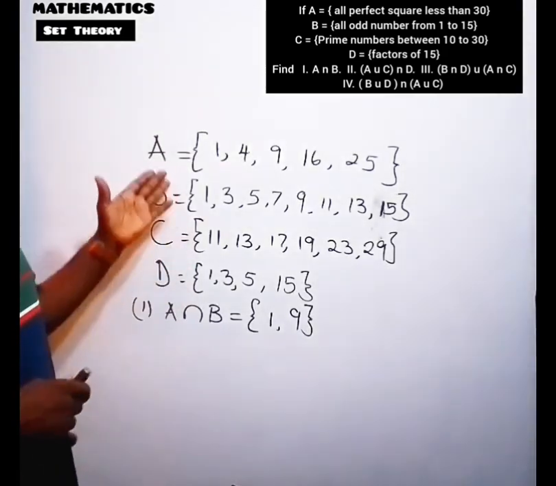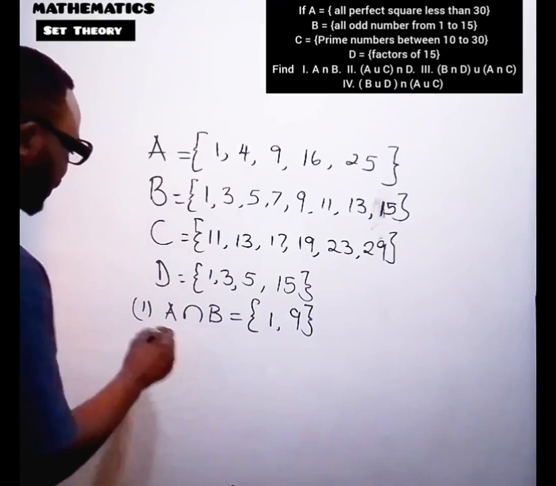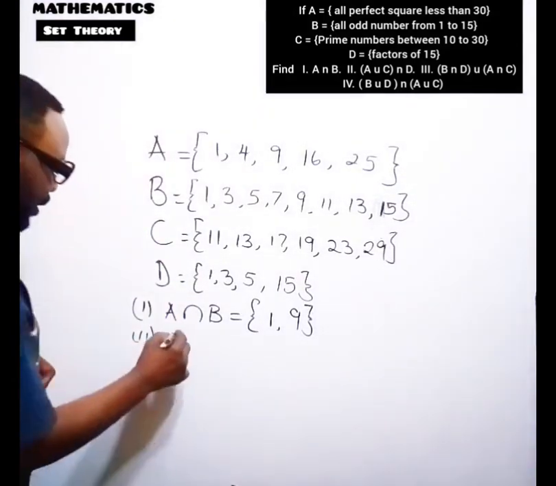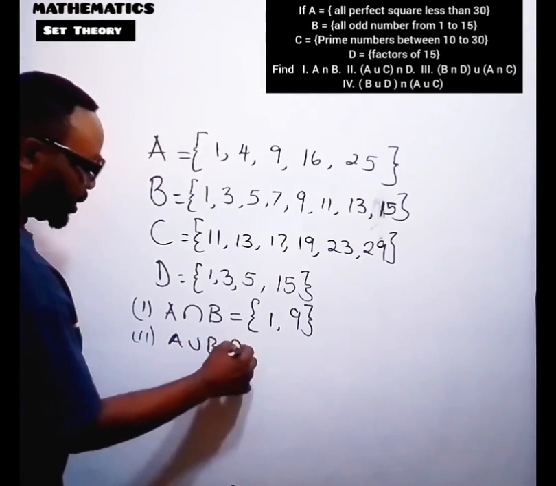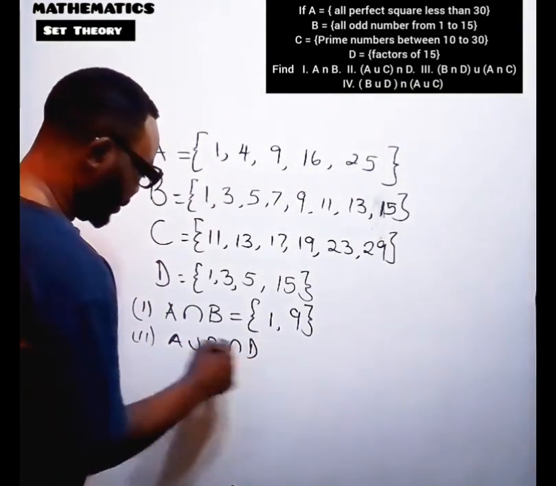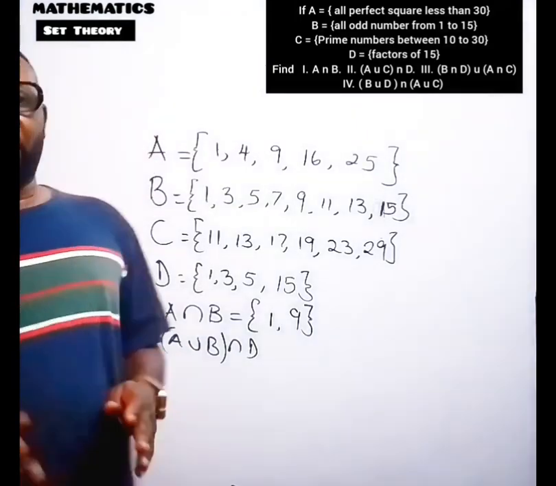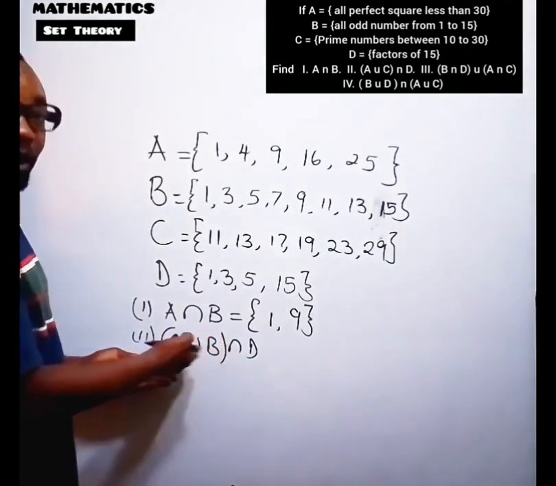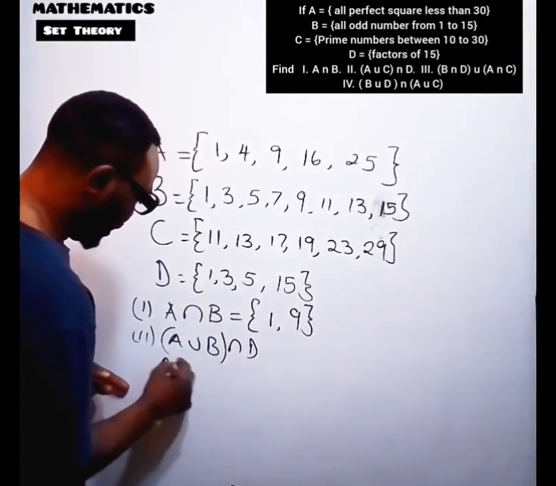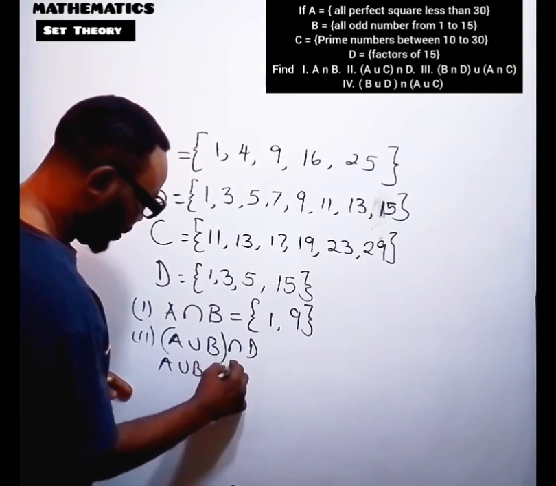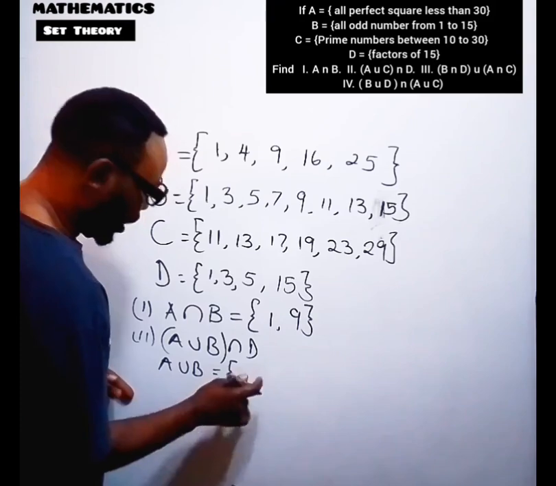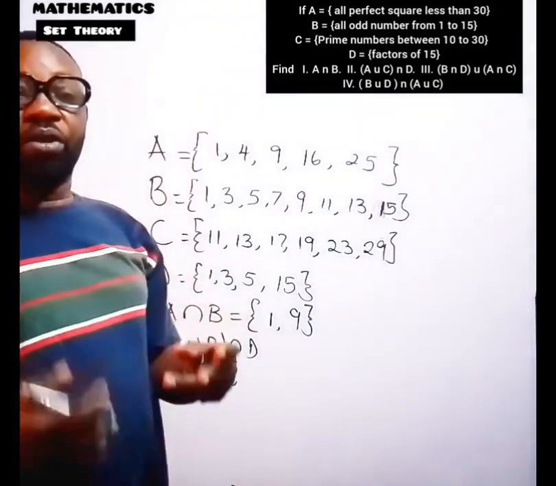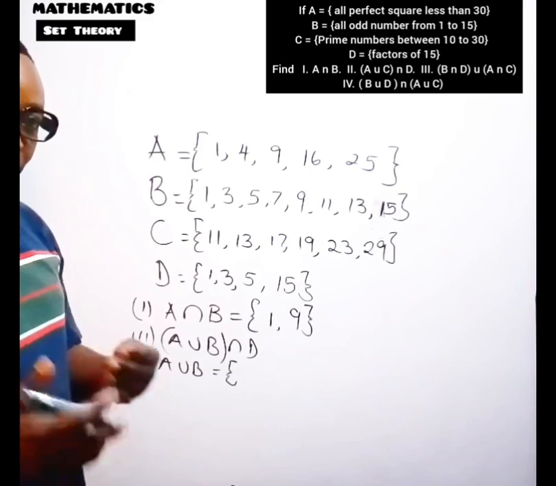Now, for the second question, we should find the value of A union B intersection D. When you want to solve this kind of question, what you need to do first is bring out the value of A union B. A union B will be all the values that are in A and B. You must make sure that you do not repeat a value twice.